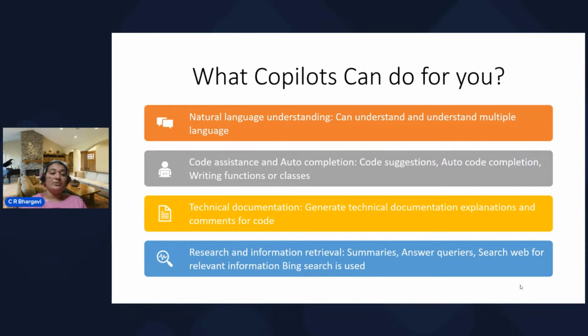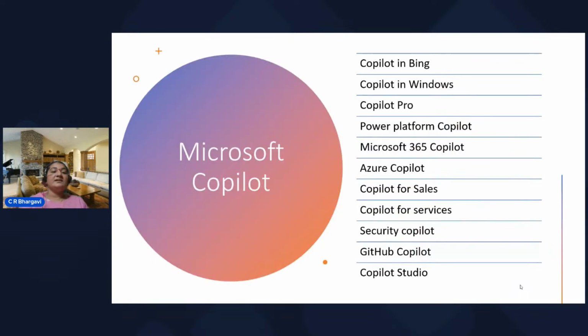When you want to build a virtual assistant, then you would be going with Copilot Studio. So these are some things that Copilot can do for you, and there are different kinds of Copilots available under Microsoft, and one such is something that we would be seeing, which is Copilot Studio.